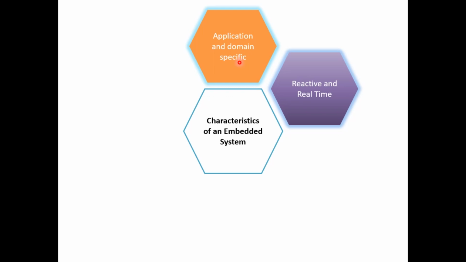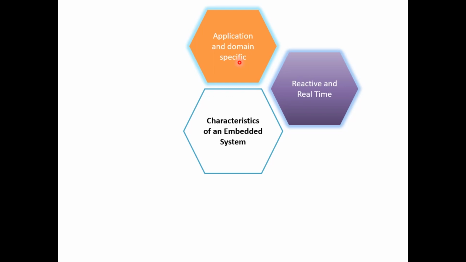A more apt example is flight control systems or anti-lock braking systems in a car, right? These systems should respond deterministically then and there. Otherwise it is going to be a mishap.